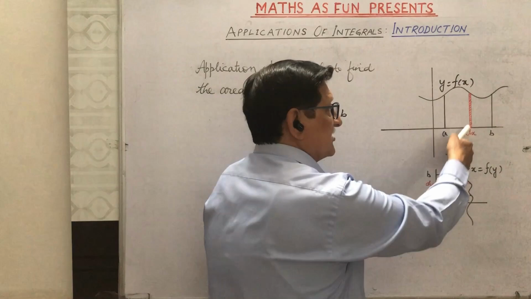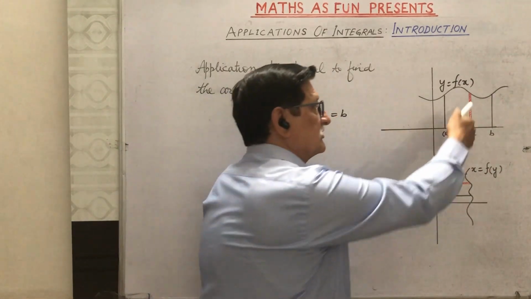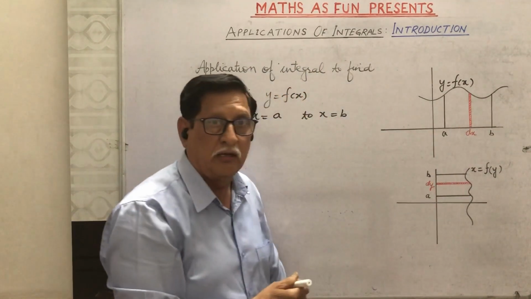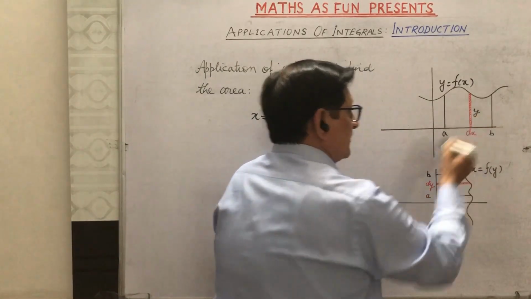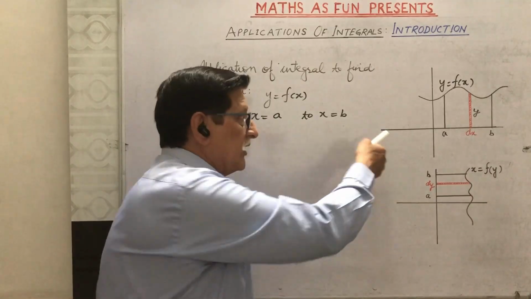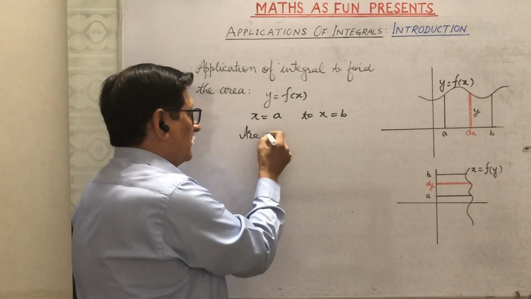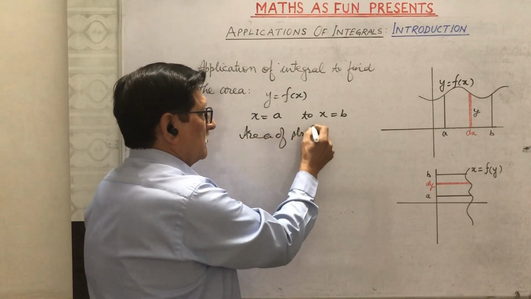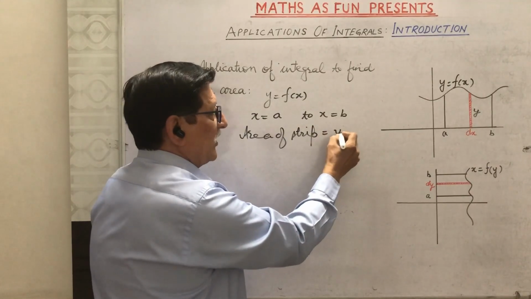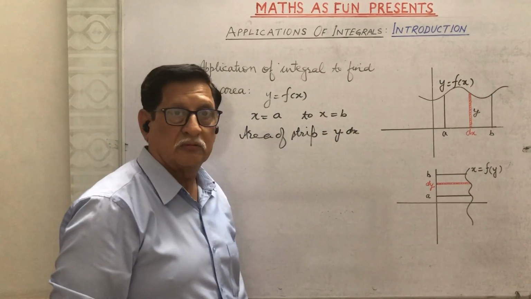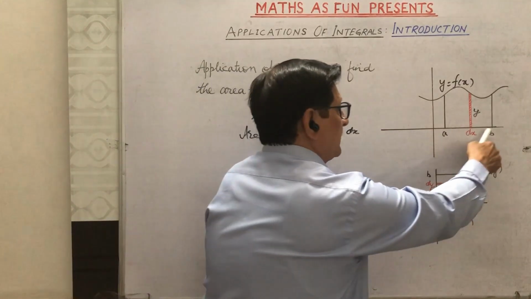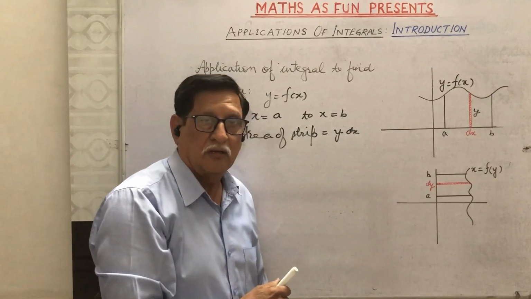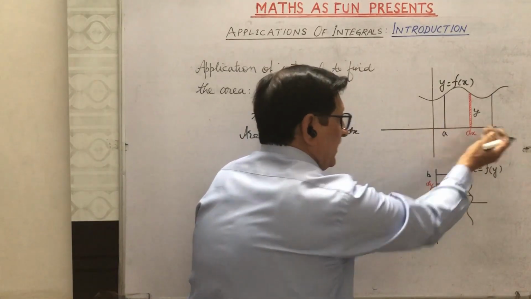If dx is very small, you will find that this is acting as a rectangle, the length of which is y. Then the area of this strip can be given by y into dx. And then to find out the total area of this particular region, we have to expand it from a to b.